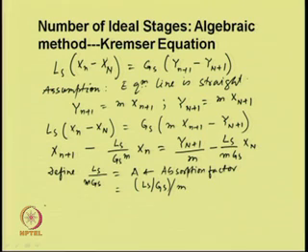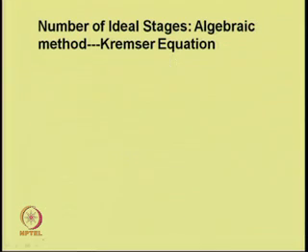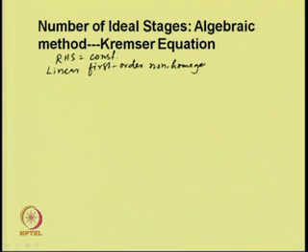Then this above equation will be x n plus 1 minus A x n is equal to y n plus 1 by m minus A x capital N. So, in this equation the right hand side is constant and this is a linear first order non homogeneous difference equation. This can be solved by the finite difference method.